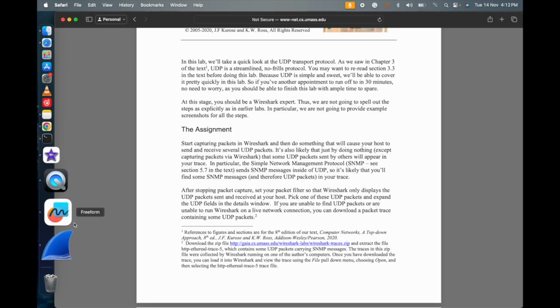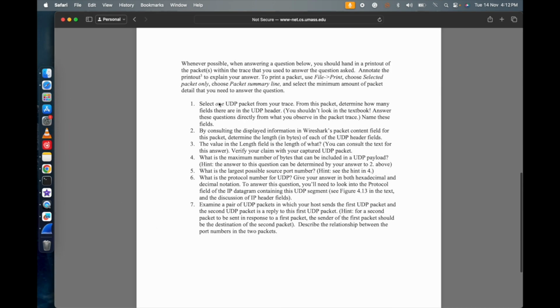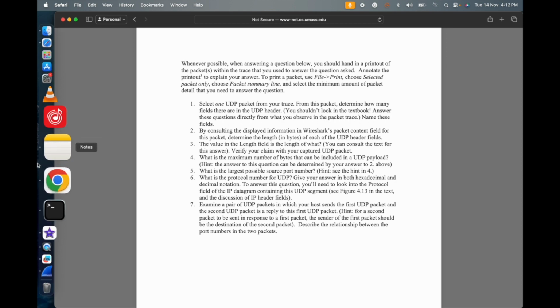The first question is, determine how many fields there are in the UDP header, and you shouldn't look in the textbook. Answer the questions directly from what you observe in the packet trace and name these fields.